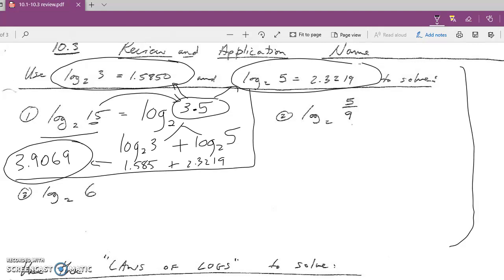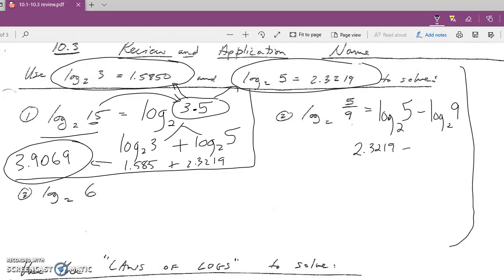Number 2, you should have also learned that division in logland means subtraction. So this can be turned into the log base 2 of 5 minus the log base 2 of 9. Now we know the log base 2 of 5 is 2.3219. But what do we do with this guy?